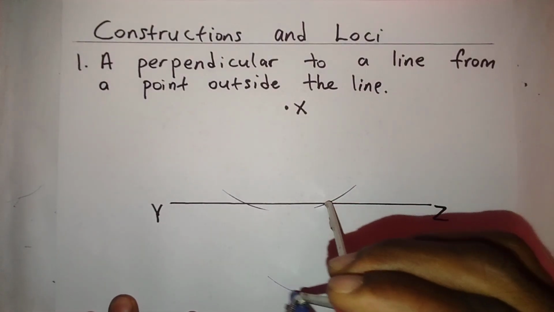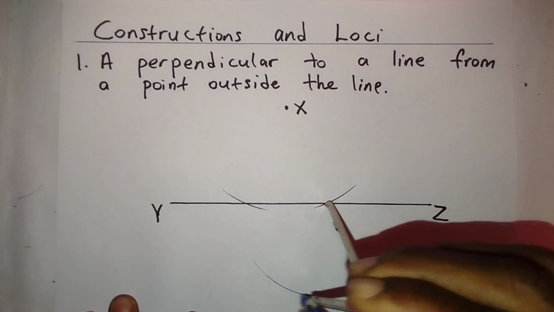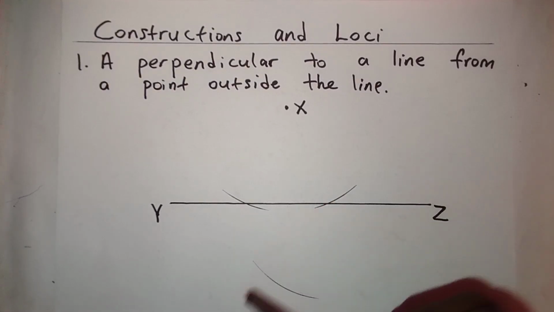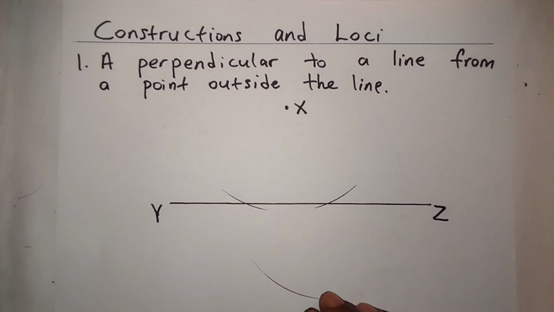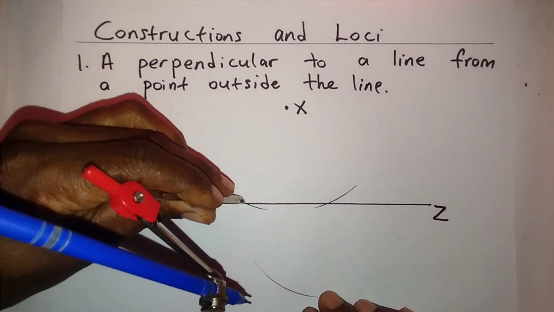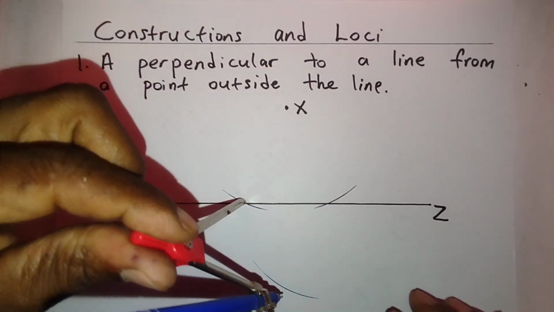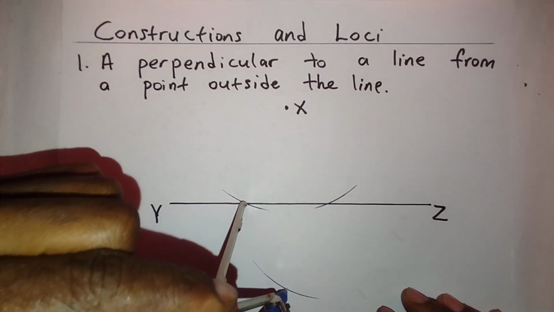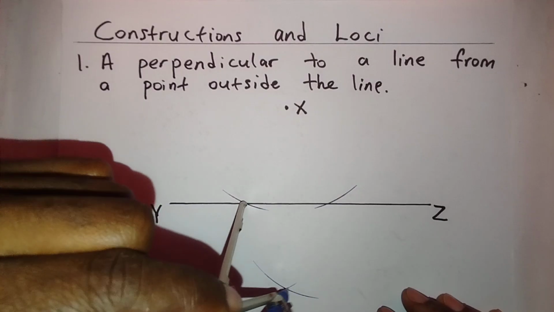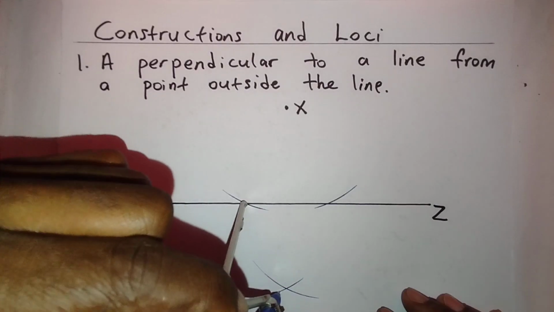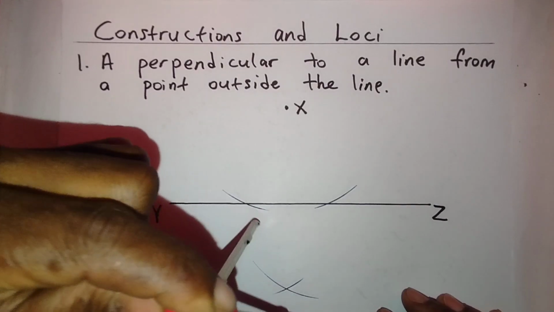I'm going to construct an arc below the line YZ, and then with the center also being the point of intersection of the arc and the line YZ, I will construct another arc which intersects the one below YZ like this.